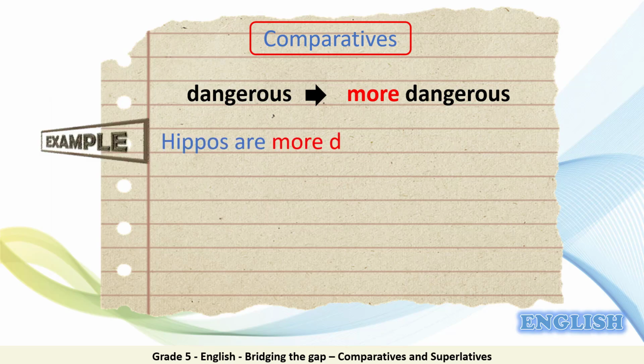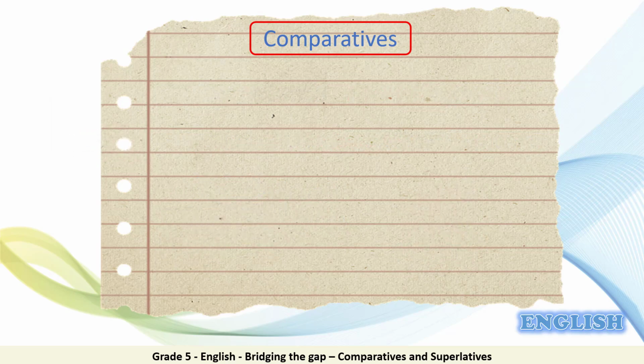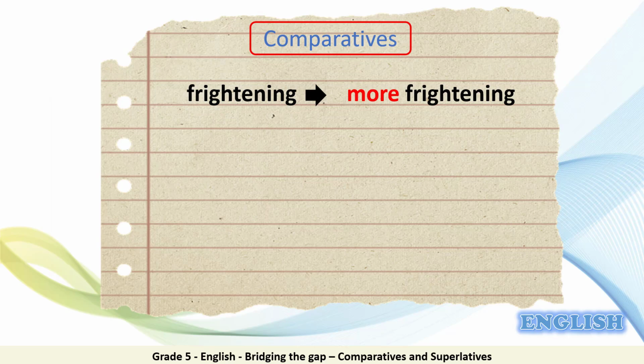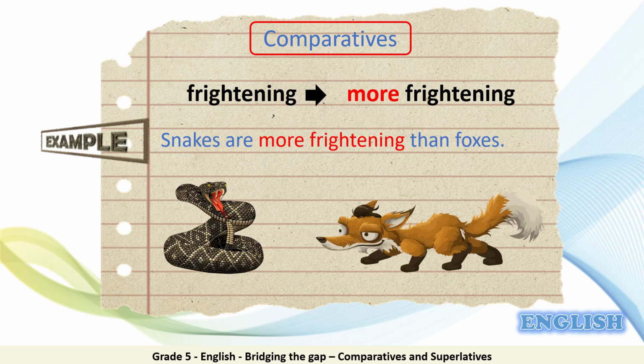Like this example, hippos are more dangerous than lions. Another example of long adjectives is frightening. And the comparative form is more frightening. Snakes are more frightening than foxes.